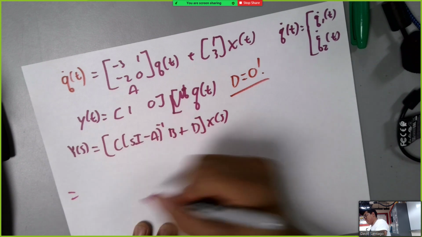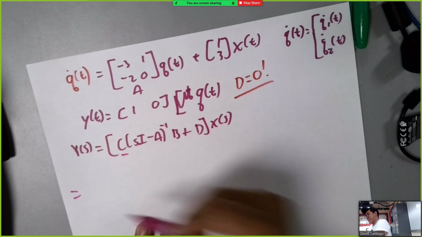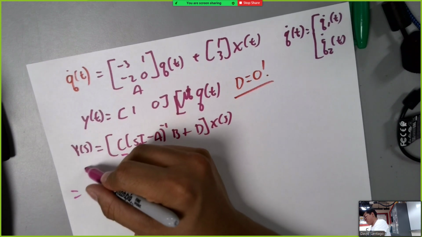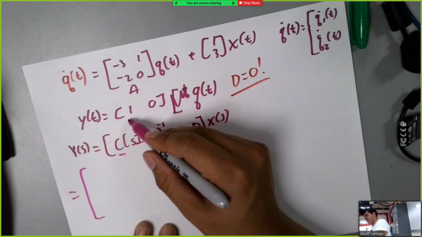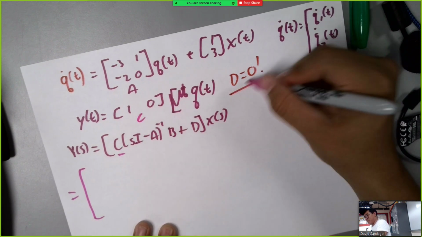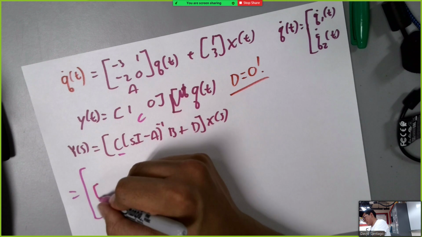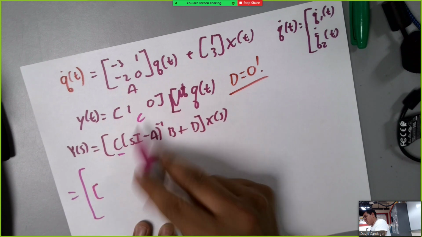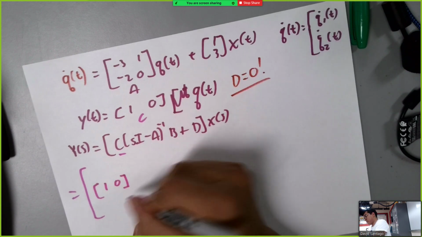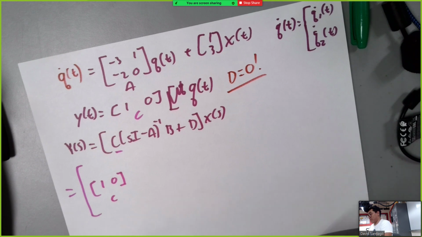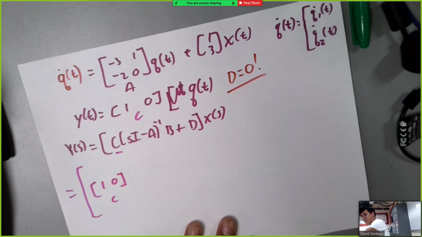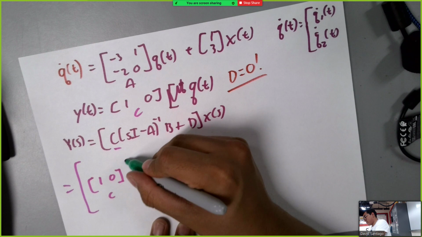So this is equal to, let's do C first. I'm going to do this big bracket. C right here, and there's no D, means C is 1, 0. That's a C matrix, right? And let's use another marker.